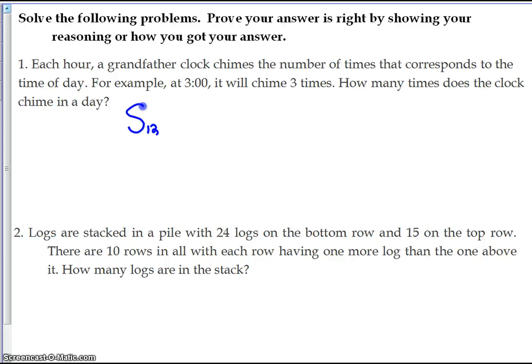Let's just think about what it does in half a day. How many times does it chime in 12 hours? It starts at 1 chime, and it goes to 12 chimes at midnight, so we have 12 values here. So we would be looking here at 6 times 13.